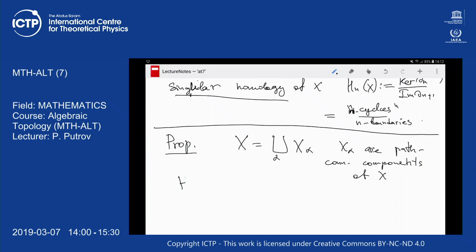The statement we want to show is that the nth singular homology of X is the direct sum of the nth singular homology of these subspaces.